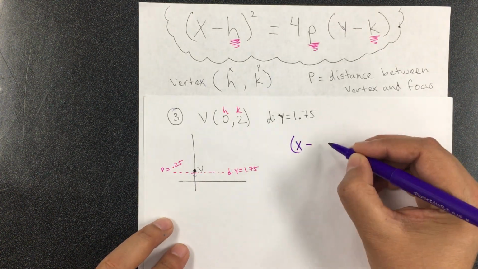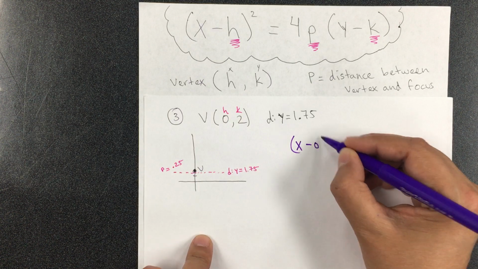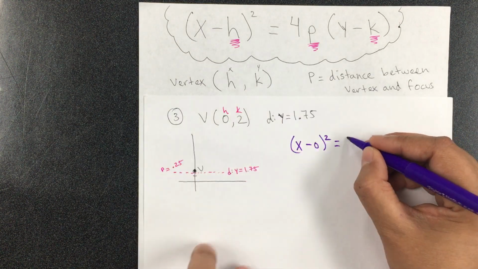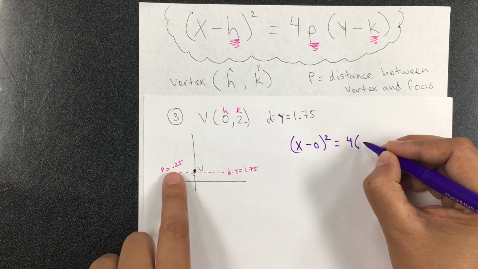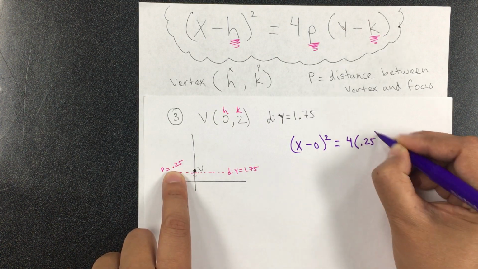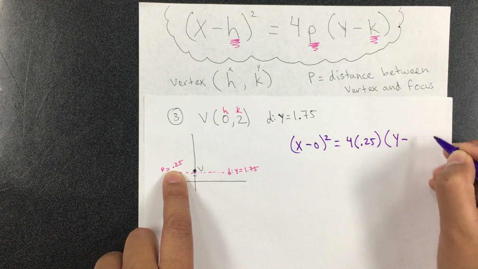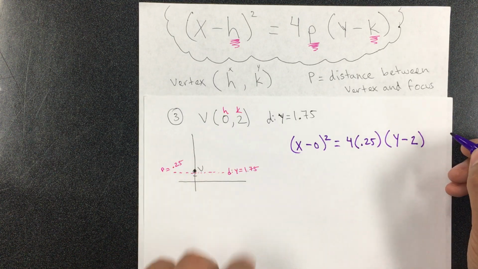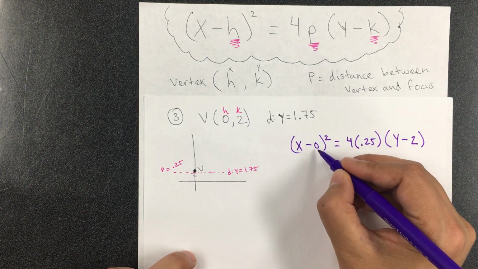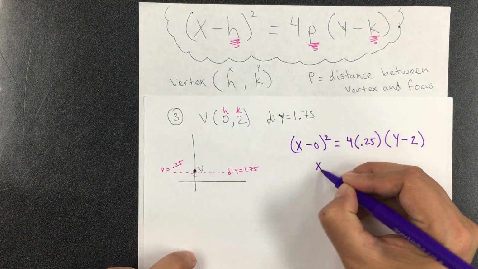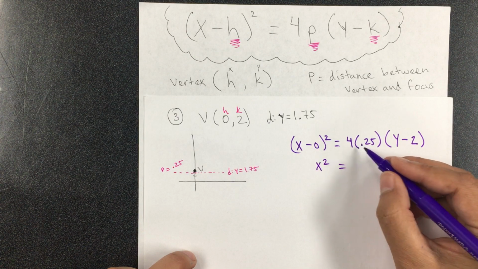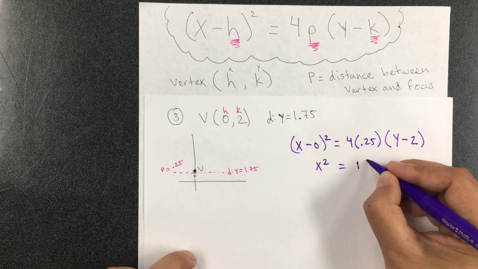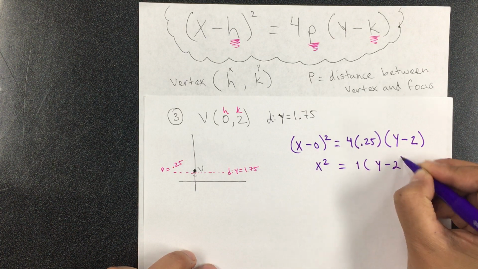x minus h is 0. Square that. And then 4 times p, we already know that p is 0.25, times (y minus k), which is 2. And so x minus 0 is just x squared. 4 times 0.25 is 1 times (y minus 2).